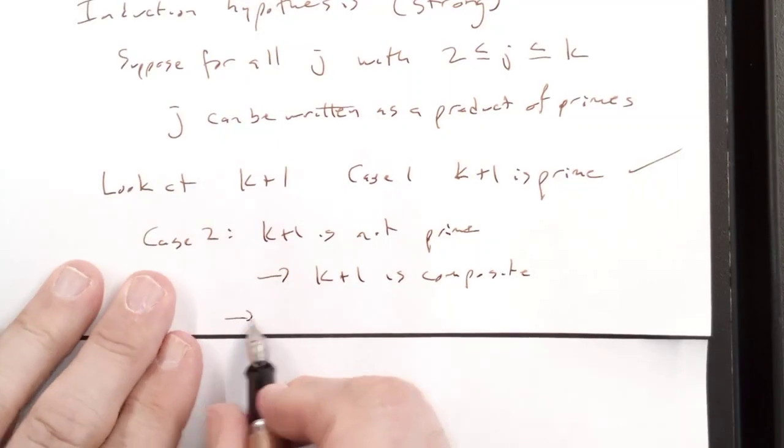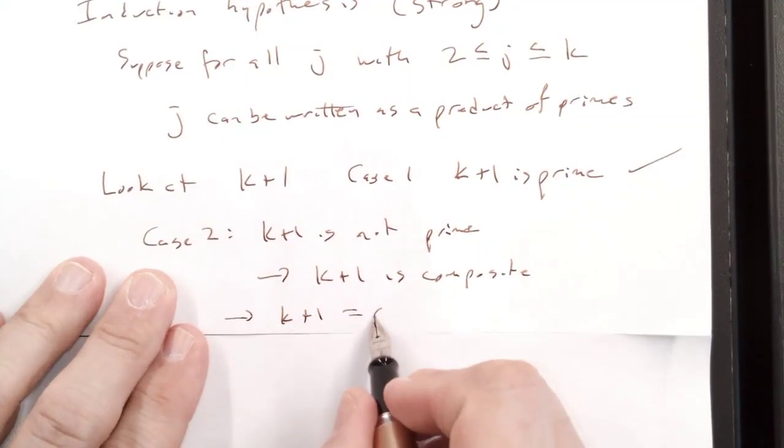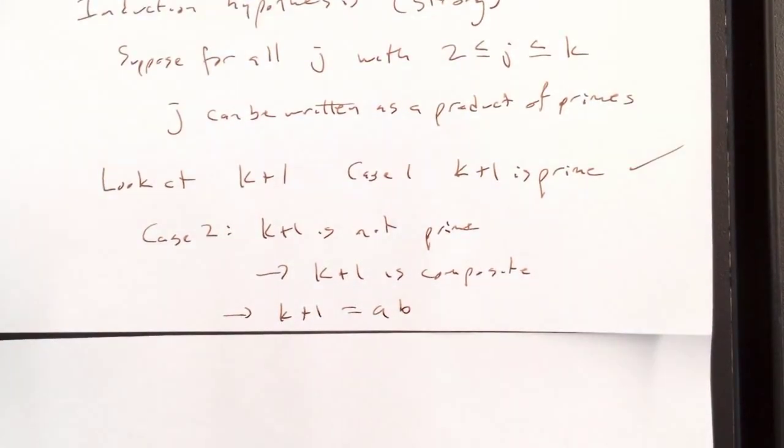That means what? That means that k plus 1 can be written as a times b. I know nothing about a or b, except I know a little bit more than that. 100 is 10 times 10, and neither of those are prime.